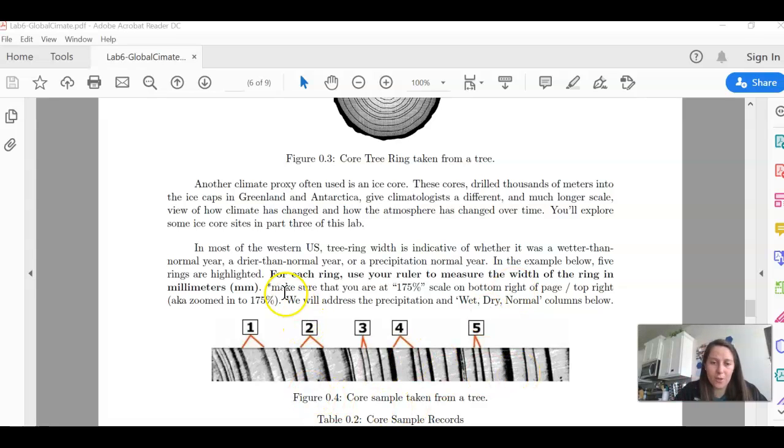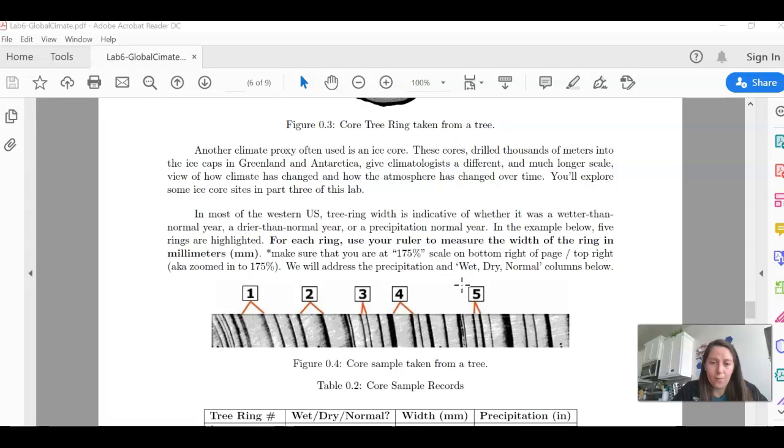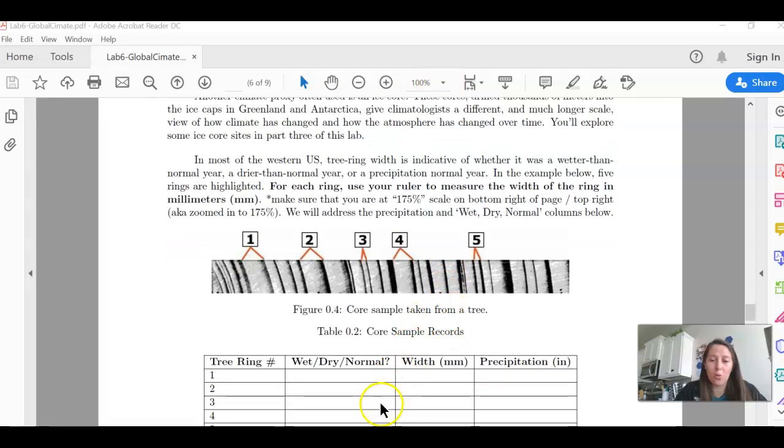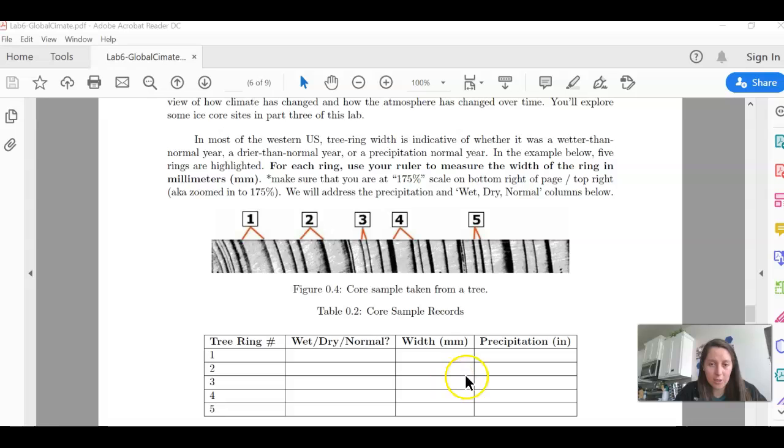Okay, so for each ring, use your ruler to measure the width of the ring in millimeters. For this, you need to make sure that you are at a 175% scale at the bottom of the page. Right now, as you're seeing, I am at 100%, but if I want to get the right measurements according to what the answer is, I want to be at 175.